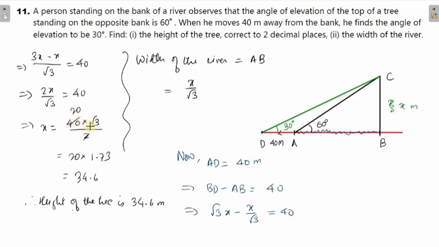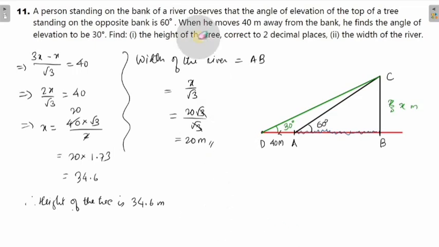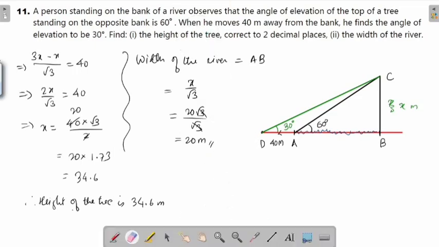Here I had made use of the value of root 3, but if I write x as 20 root 3, then this and this get cancelled, so the width of the river becomes 20 meters. You may pause and note down till here. Since you have already noted down this one, no need to note it down again. You may pause the video and note down your solution.